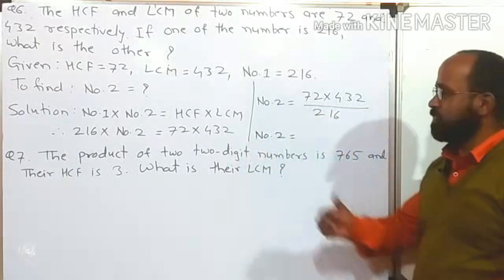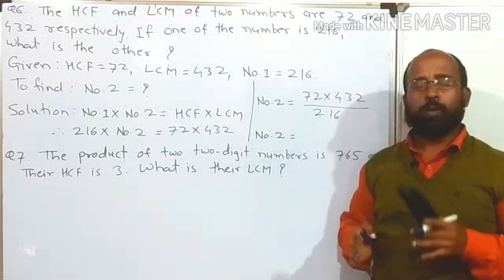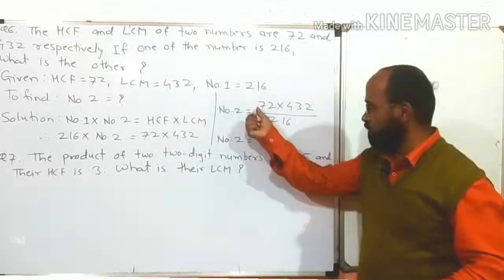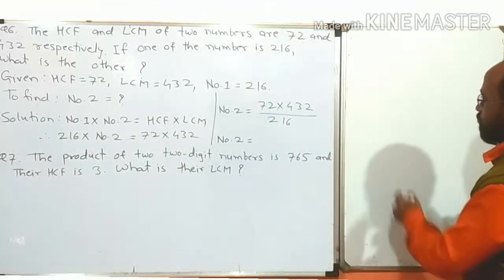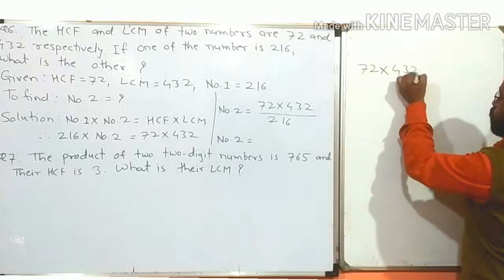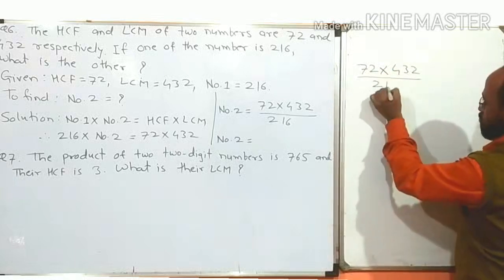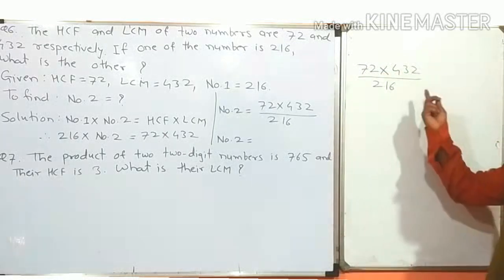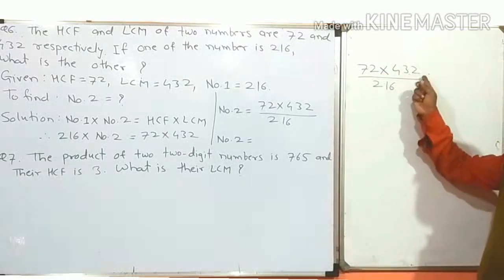Now, finding this number 2 is just doing the calculation with the help of tests of divisibility. So let's do this calculation in the rough area. 72 into 432 upon 216. All the numbers are divisible by 2. 16, 32.